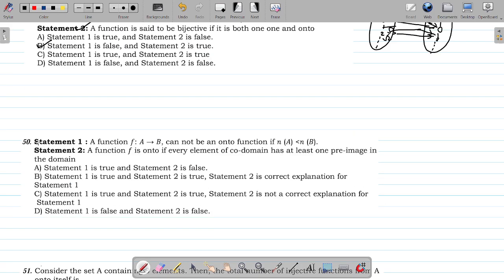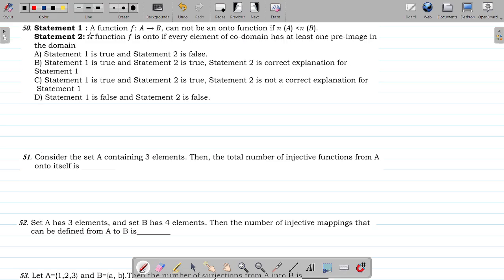Next, 50. Statement 1: a function f from A to B cannot be an onto function if n of A is less than n of B. It is true, right? The number of elements in the domain is less than the number of elements in the codomain, which means some elements in the codomain do not have a pre-image.